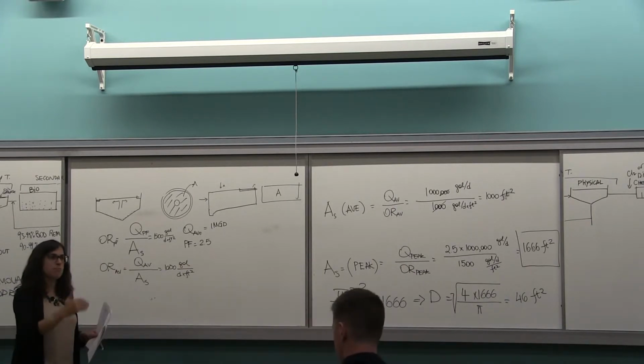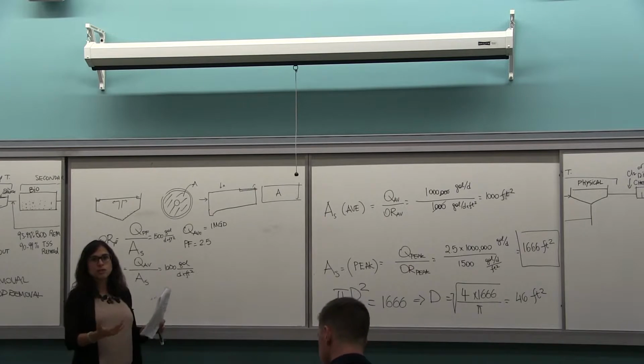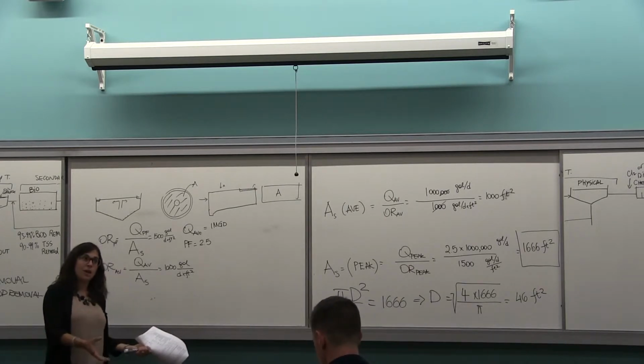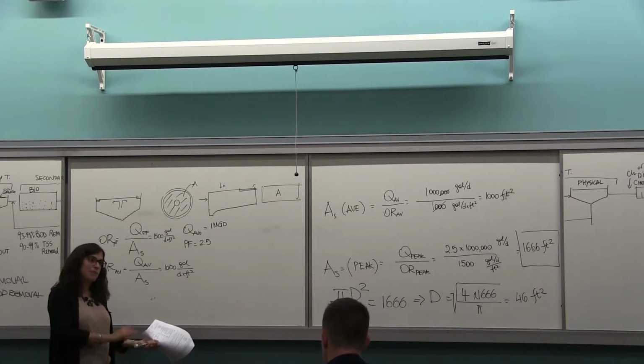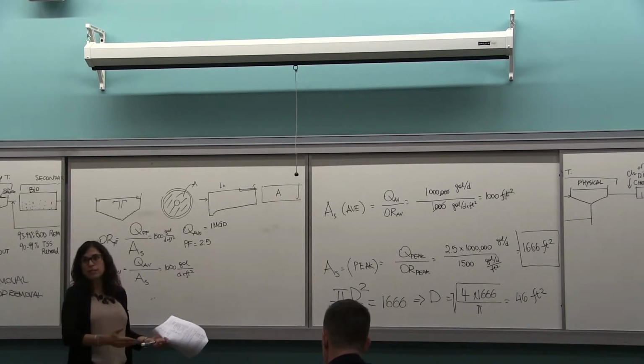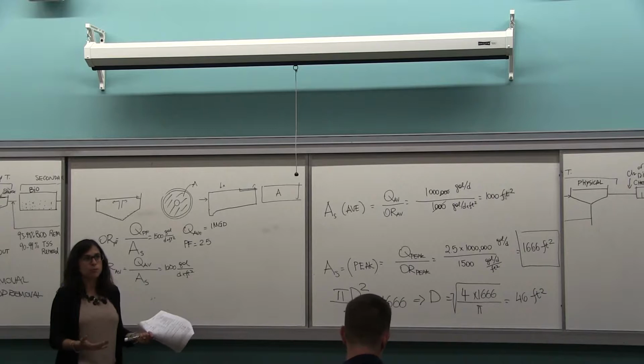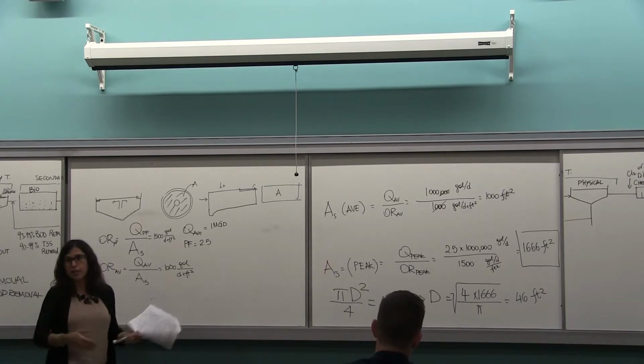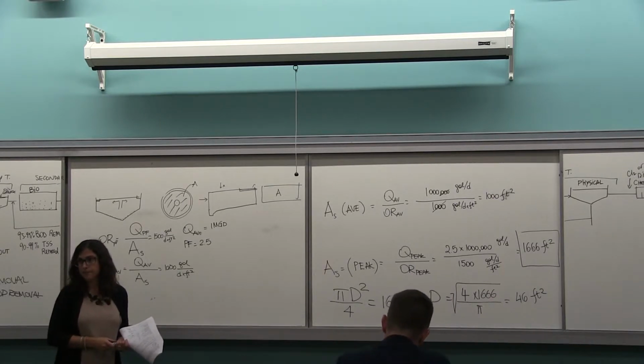There is a minimum depth used to avoid turbulence and resuspension and allow the mechanical equipment at the bottom for removal of the sludge. But for the most part, it is just the area that is sized.